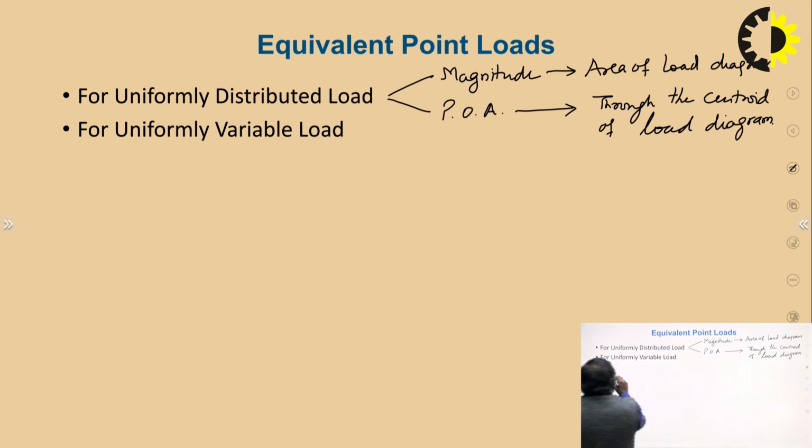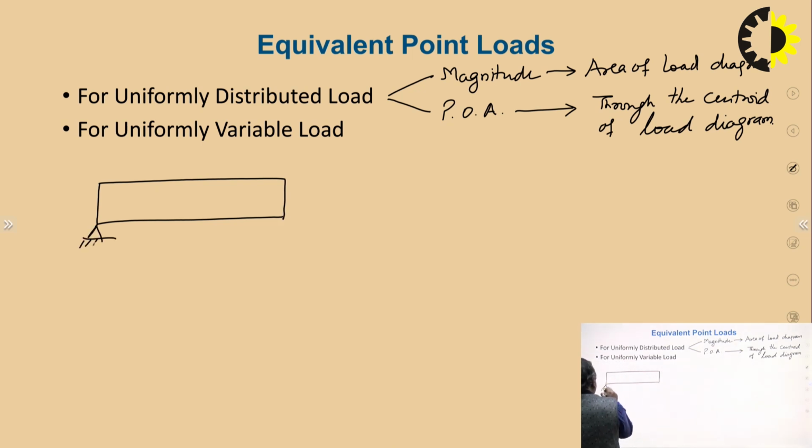So first, uniformly distributed load. This is hinge. This is roller support.